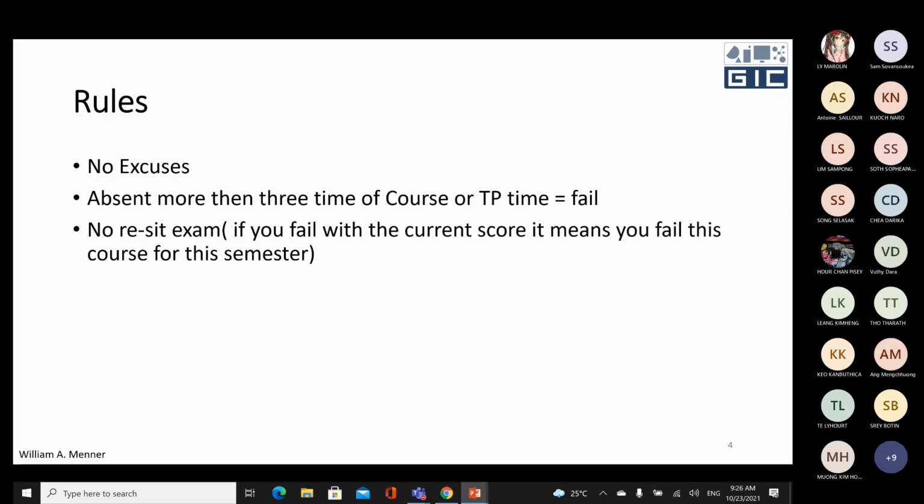So if the final score in the system shows that you failed my course, you will automatically fail this course this year, and if your score is lower than 30, you will automatically retake the year. It means that you will continue your study for 1 more year. So this is the rule that I try to create.